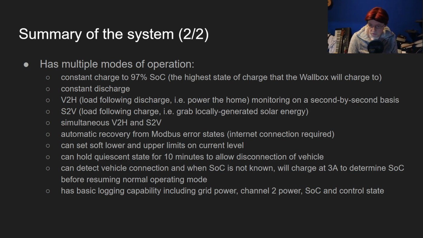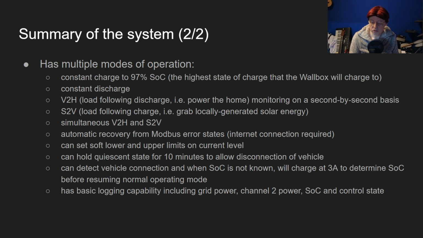It can do constant discharge. That's useful if you want to sell power. If you want to sell energy to the grid, when it's advantageous to do so, you might want to do that.